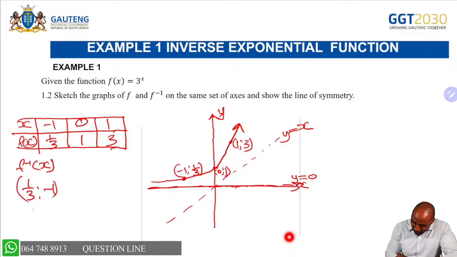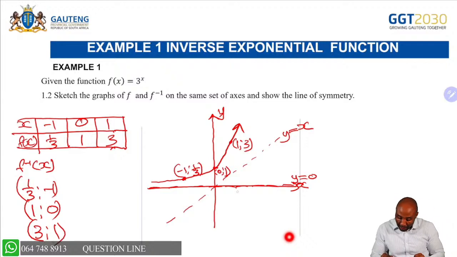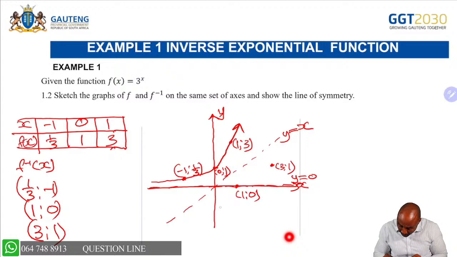I have another point with coordinates (1; 0), and I have another point with coordinates (3; 1) that I'm able to sketch here.